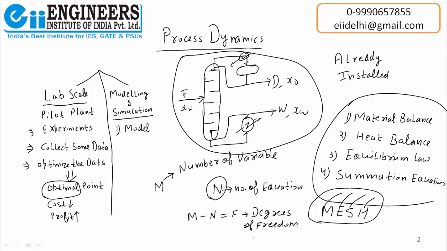So the ultimate task of a chemical engineer is to nullify the degrees of freedom and equalize them to 0. For that, what I need to do is to increase the number of equations or to define some of the variables.